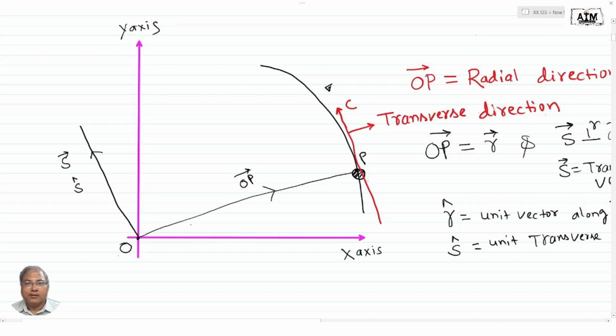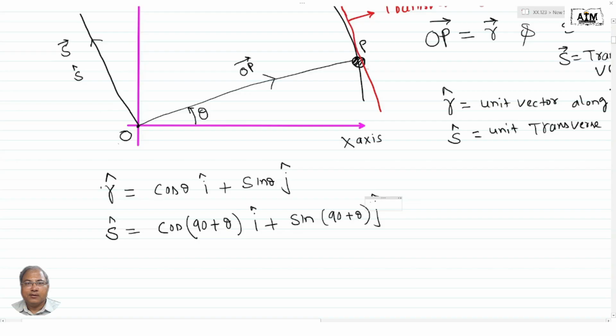Now, let us say the vector OP is making an angle theta with the positive direction of the x-axis. Now we can write expressions for R cap and S cap. R cap equals cos theta I cap plus sin theta J cap.